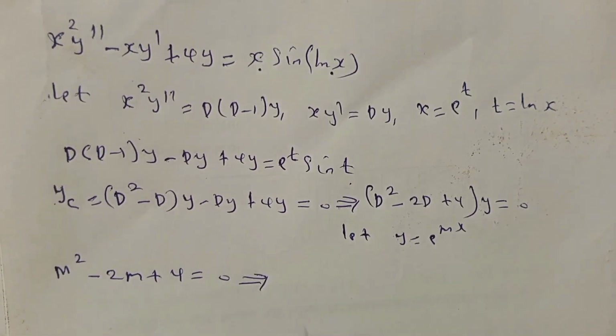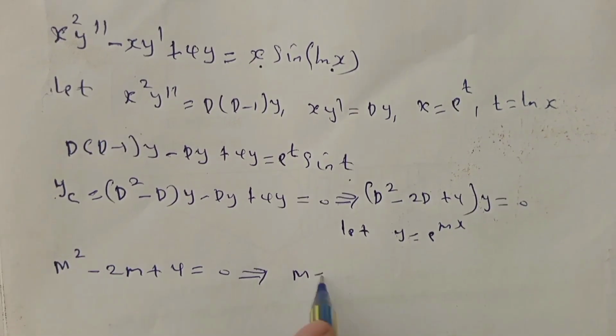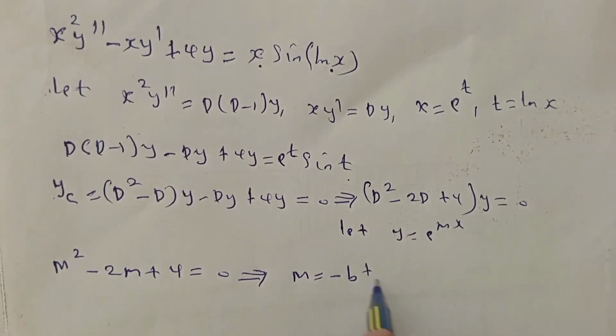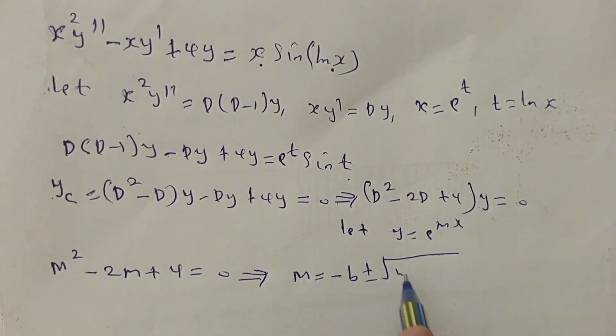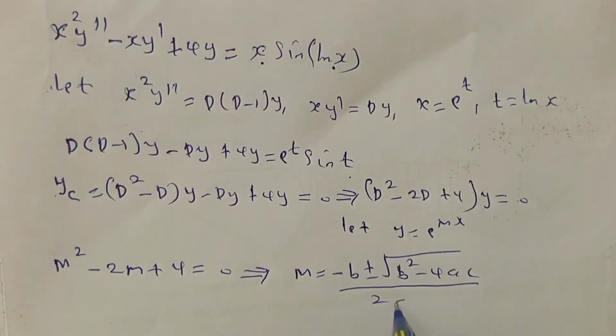This is a quadratic equation whereby we apply the quadratic formula, which states that m is equal to minus b plus or minus square root of b squared minus 4ac divided by 2a.